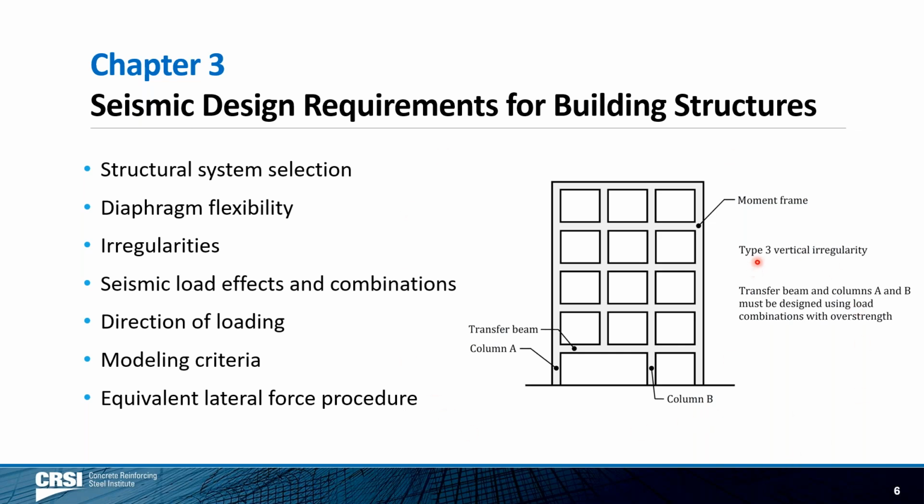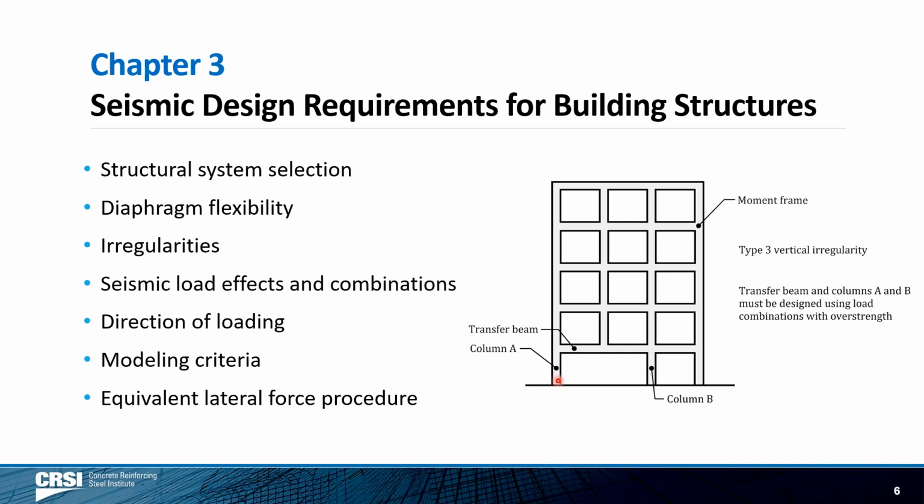Everything is illustrated, this type 3 vertical irregularity. We always get a lot of questions: when do you actually use the load combinations with overstrength? And this would be a particular case where you have a seismic force resisting system with a moment frame. You're transferring part of that out on a transfer beam, which is supported by columns.